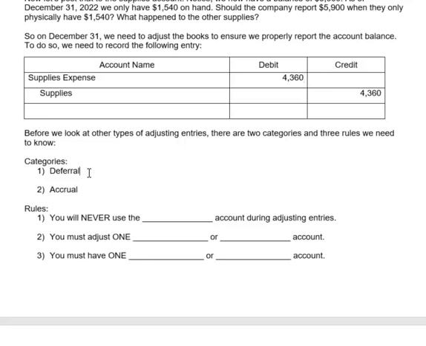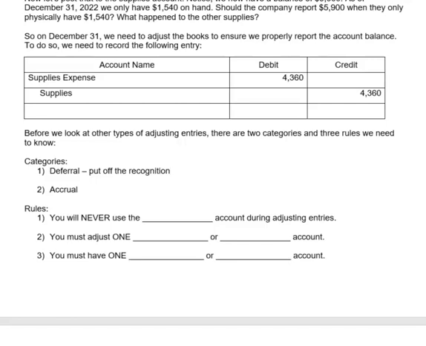First are deferrals. Basically what a deferral is, it means we put off the recognition of. Supplies is an example of this. When we record supplies as assets, we put off the recognition of the expense until we actually use the supply. Because again, remember, revenue recognition states we recognize revenues in the period in which they are earned or the obligation is complete.